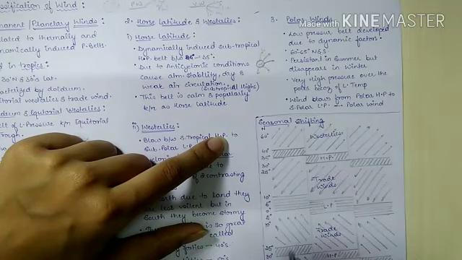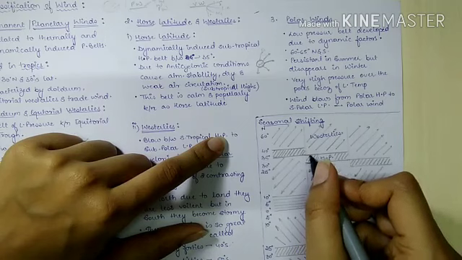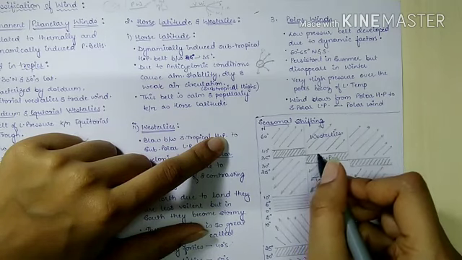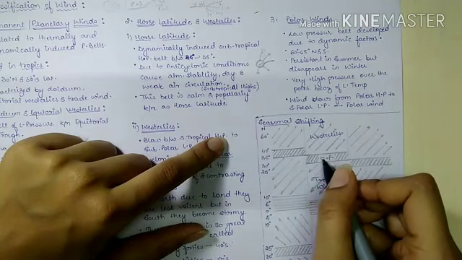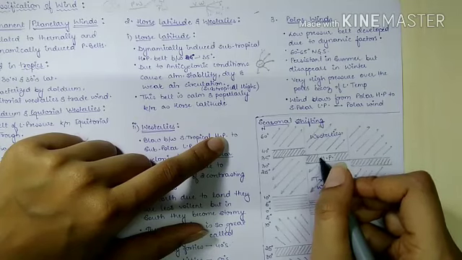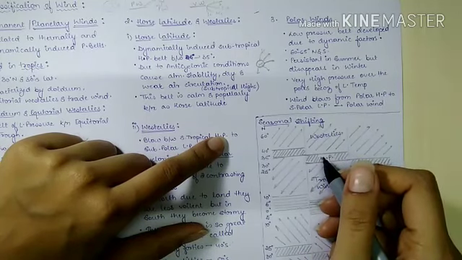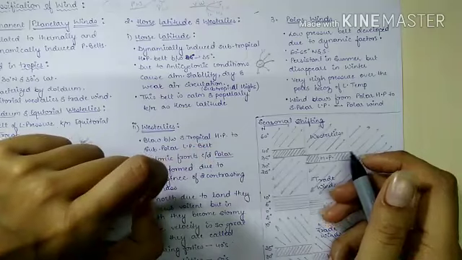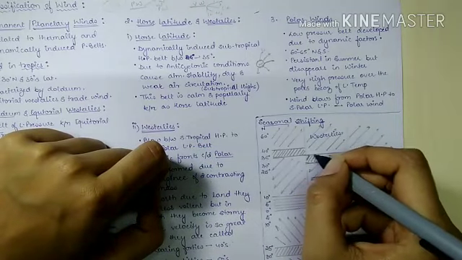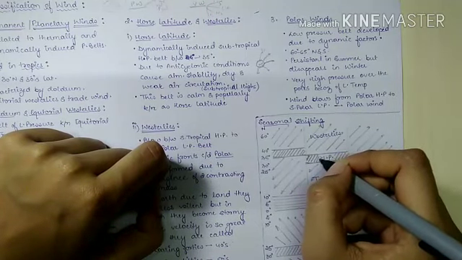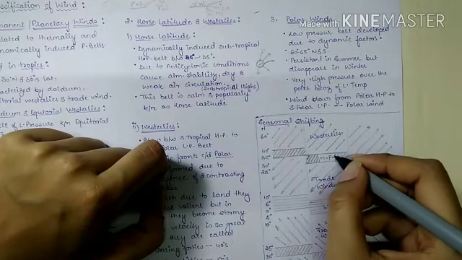This area is so calm, and it is also popularly known as horse latitude. Why is it known as horse latitude? It has a very old story associated with it.